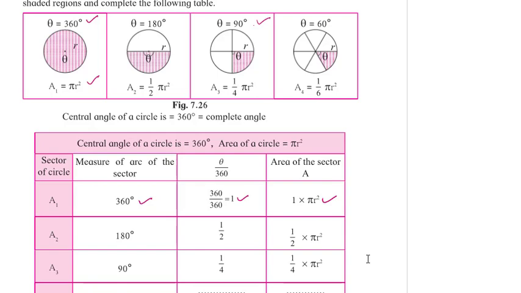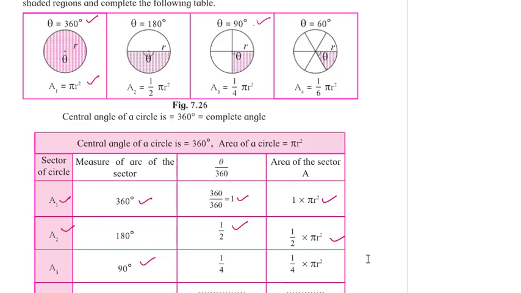In the second case, when theta is 180, I get theta upon 360 as half, and the area is half into pi r square. When this ratio theta upon 360 is 1 by 4, that is when the angle is 90 degrees, I get the area of the sector as 1 upon 4 pi r square.